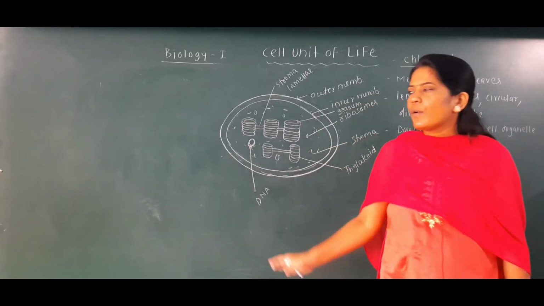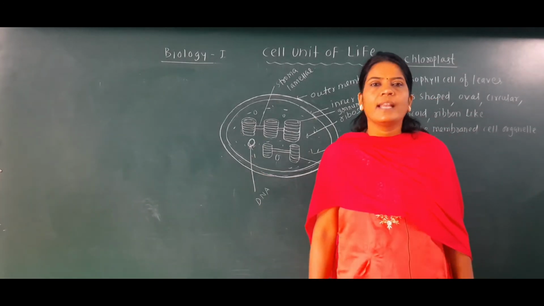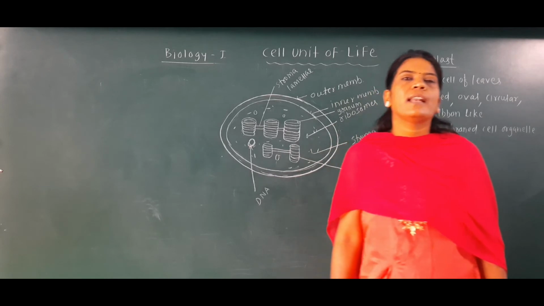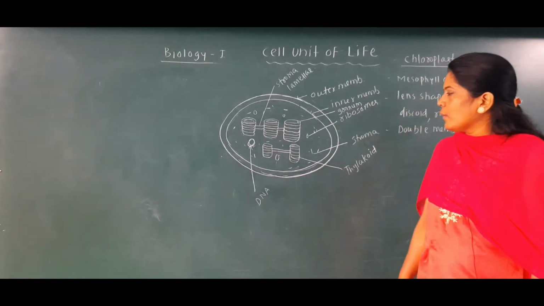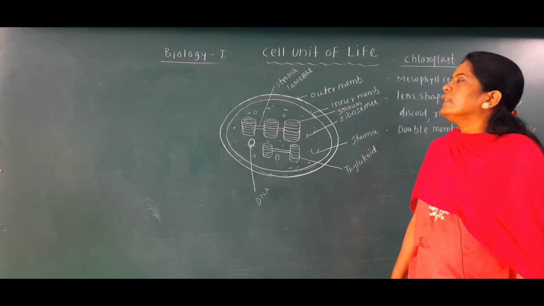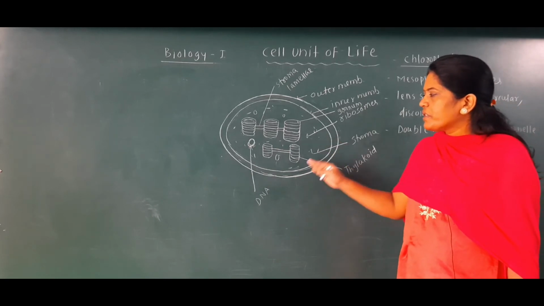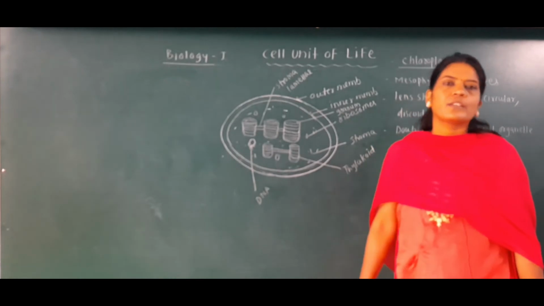But mitochondria and chloroplast have their own DNA. That's why these two cell organelles are called as semi-autonomous cell organelles.